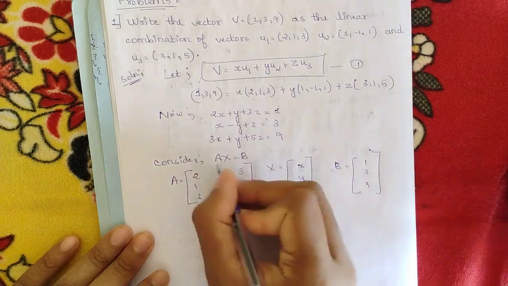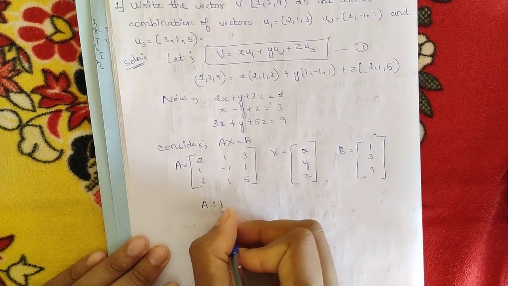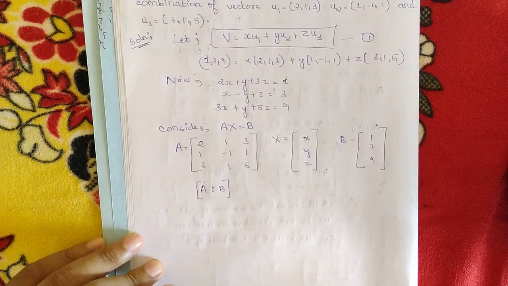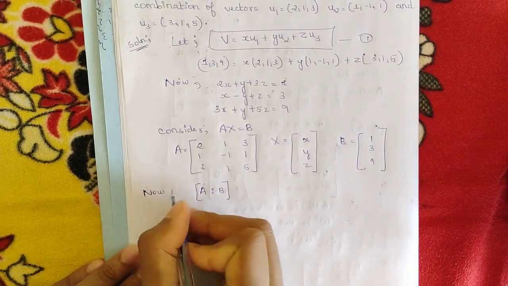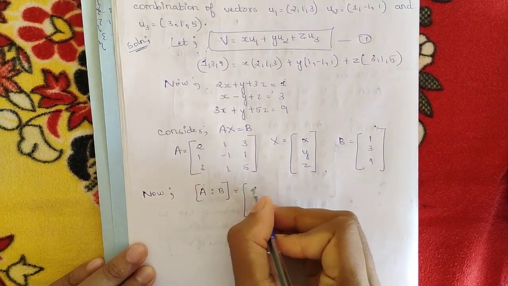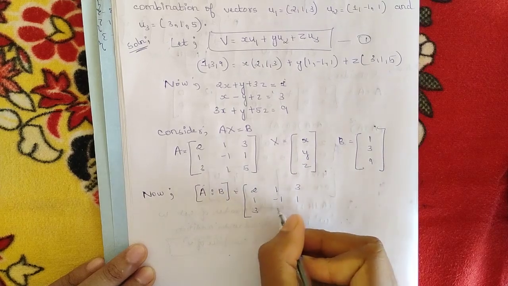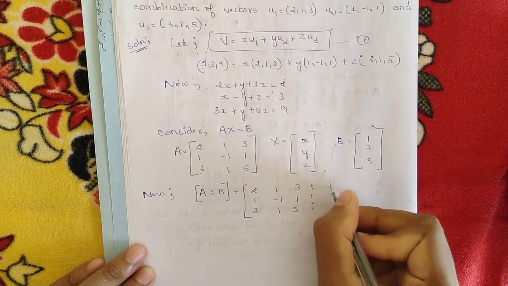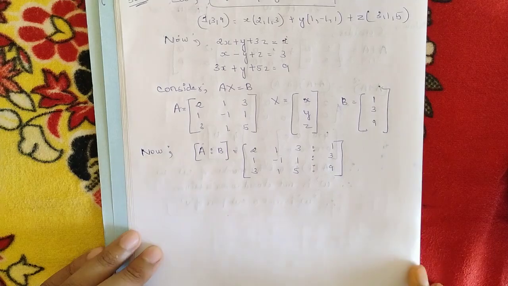If you consider this AX equals B form, you might know the term augmented matrix [A | B]. You might have learned this in the first semester, and that concept you are going to apply here. That is the matrix 2, 1, 3, 1, -1, 1, 3, 1, 5 augmented with 1, 3, 9. Together I have represented it like this.